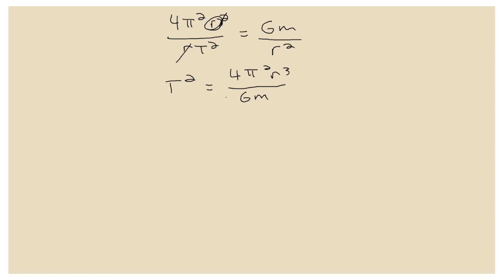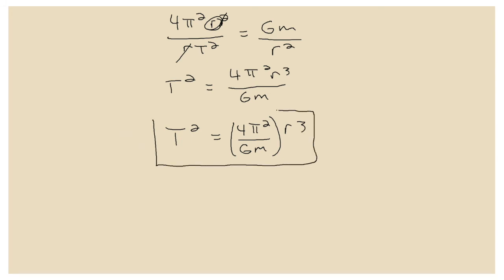R cubed. Does that look familiar? I hope so. Because if you remember, what we said Kepler's third law said is that the ratio of T squared to r cubed is constant. And the reason why is because if we took this equation in the box now and divided both sides by r cubed, you would get T squared over r cubed equals 4 pi squared over G times the mass of the object being orbited, and all of those things are constant.